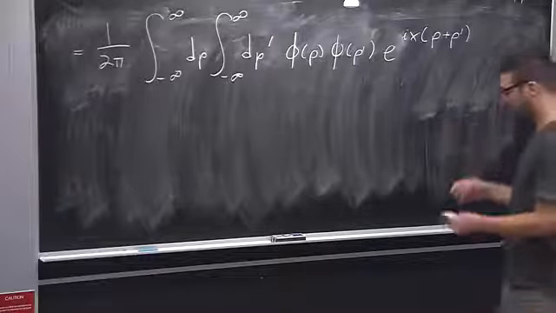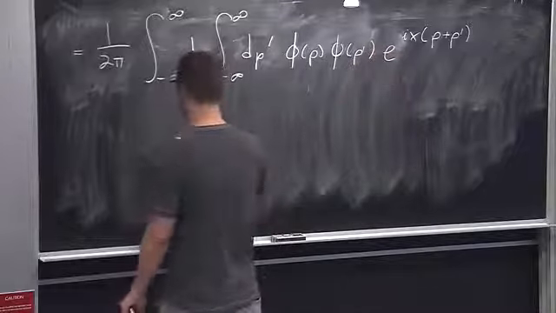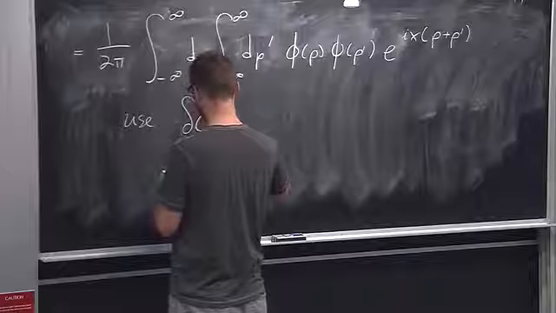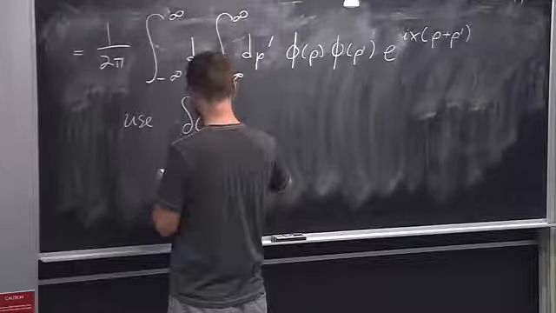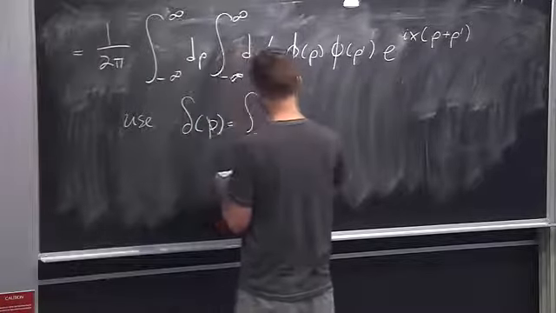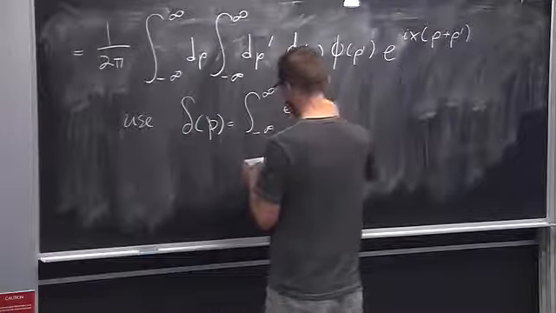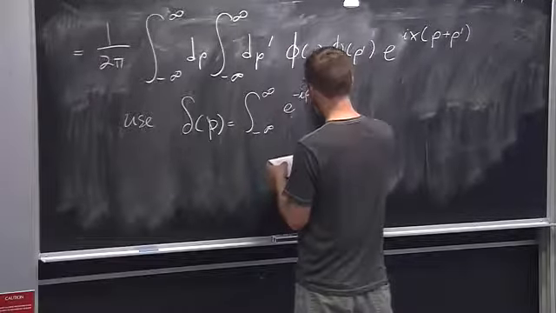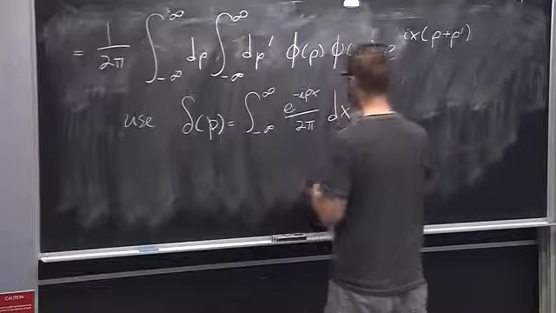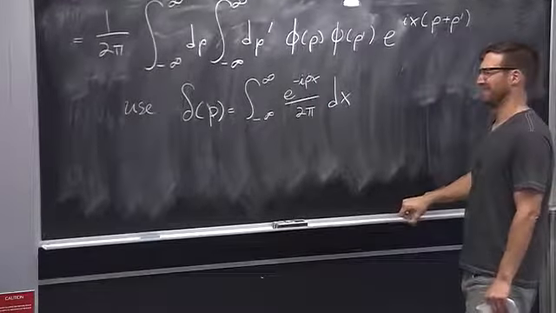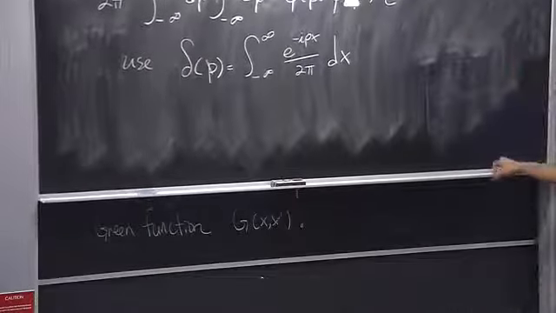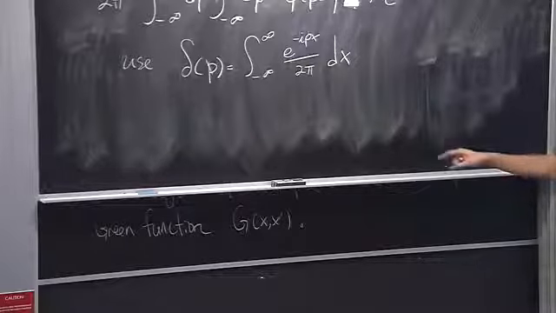And so once you bring in the integral over x, you want the delta function. What am I integrating over, p or x? X, so I want this to be p. Yeah, now I'm worried about that normalization. Oh well, that works for what I have over there.